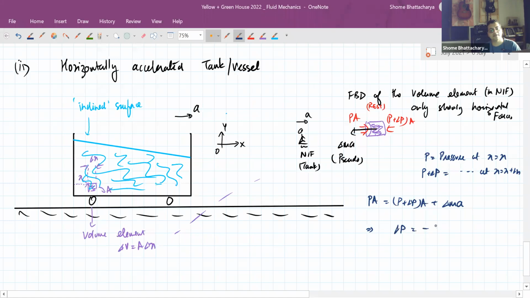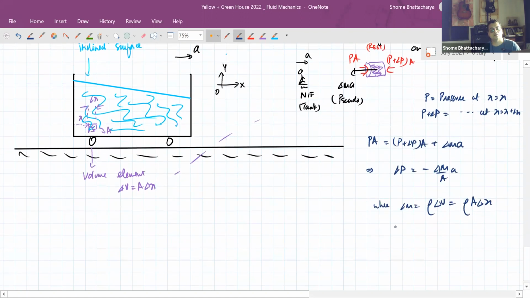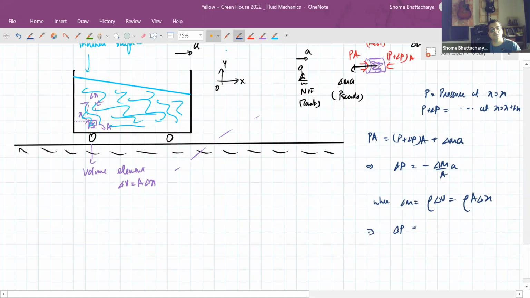Delta P comes out to be minus delta M by A. And of course, we'll substitute. So from this we will get that delta P is minus rho a into delta x.